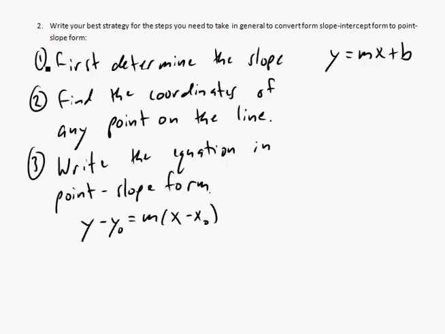So, in step 1, we determine what the m is in point-slope form, and in step 2, we determine the coordinates x sub 0 and y sub 0, and then it's simply a matter of substituting in, and then we will be done, and we've converted an equation in slope-intercept form to an equation in point-slope form.